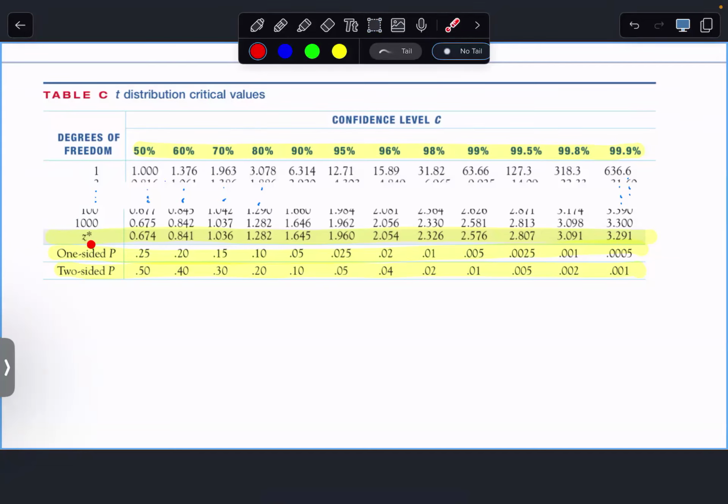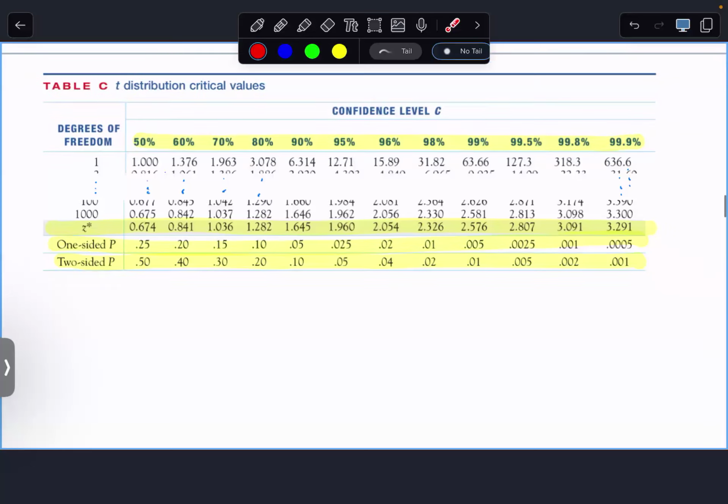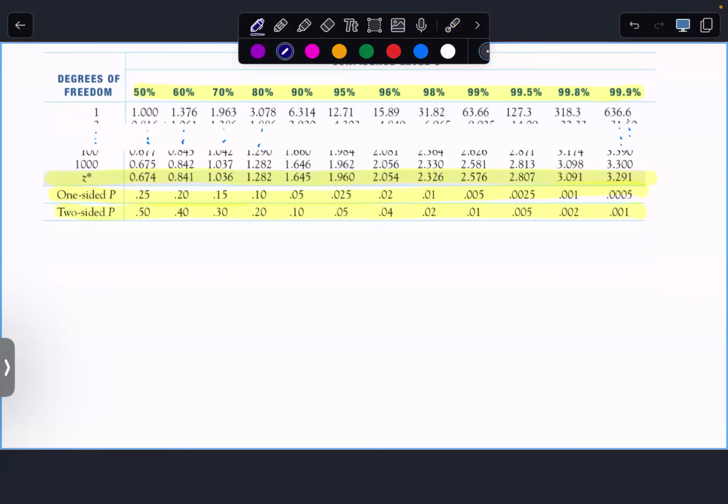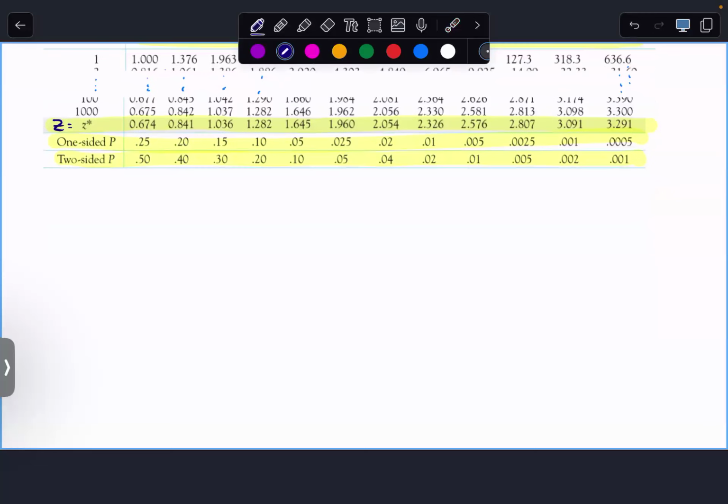Okay. Now, what does this look like? The only thing we probably recognize so far is the Z. It's called Z star in this case, but it's just a Z. So Z is Z star. Notice that these guys are all positive. Okay. And so we know what Z looks like. Let's see if I can make it nice and big here.